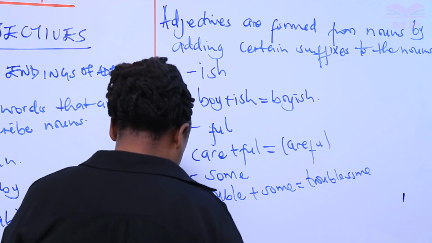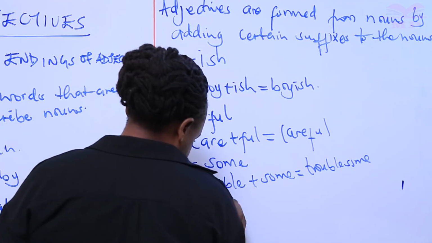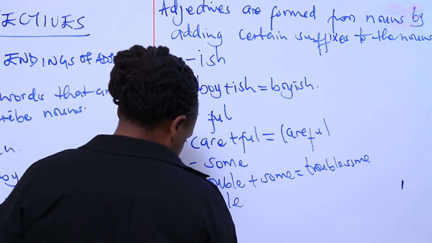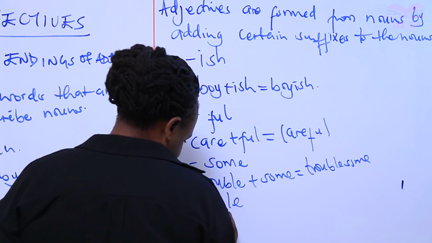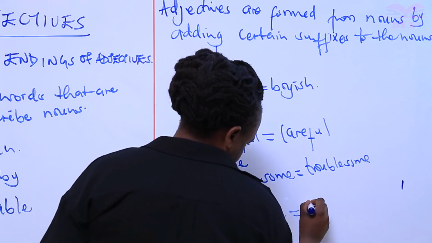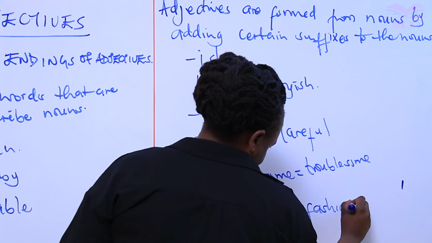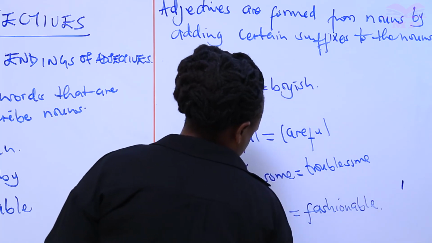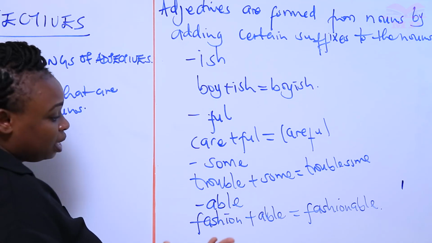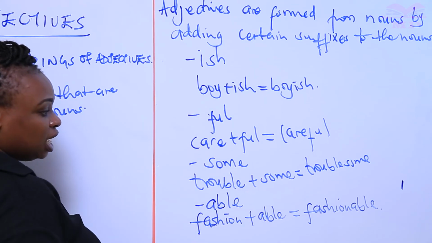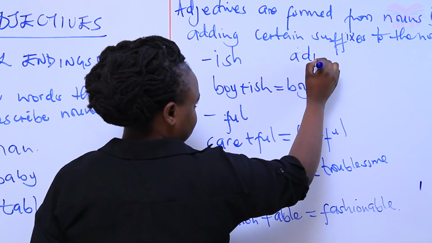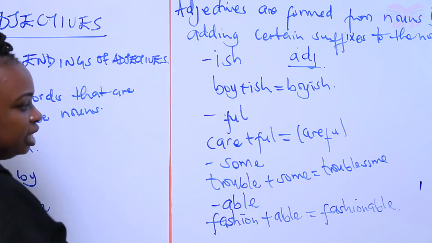Another ending, we have able. Now we call them a suffix, we add them to a noun, so fashion forms fashionable. These are the adjectives that are formed from adding the ending.